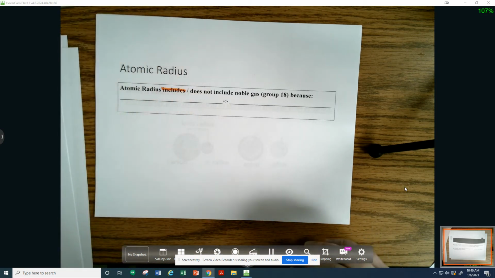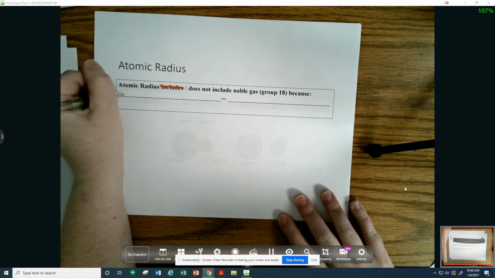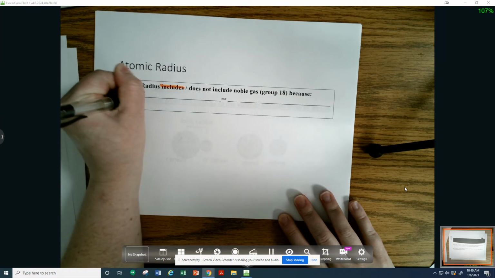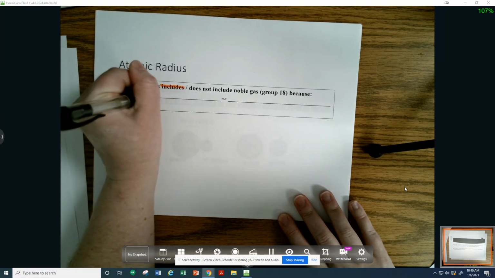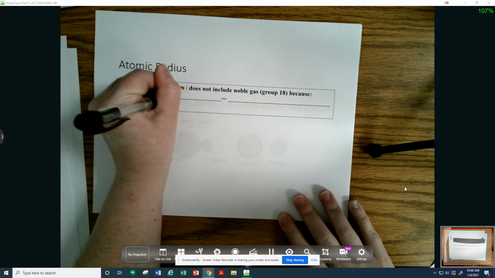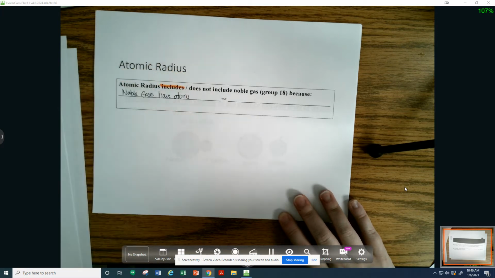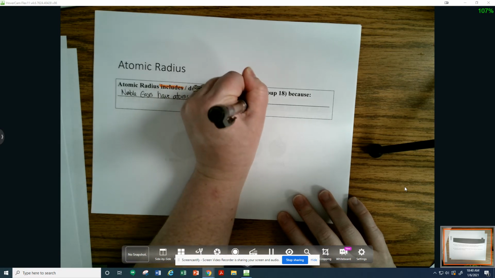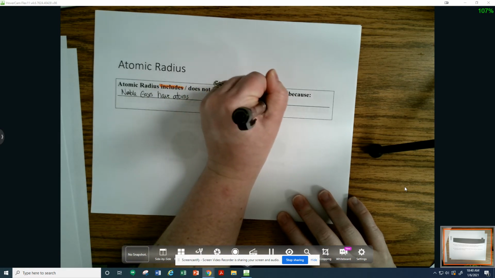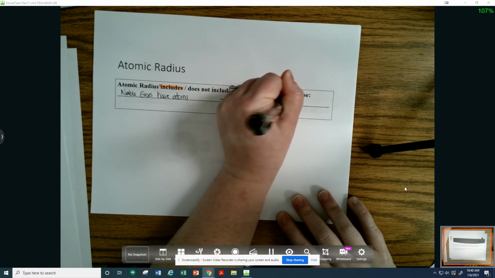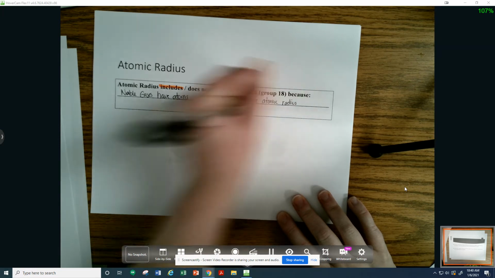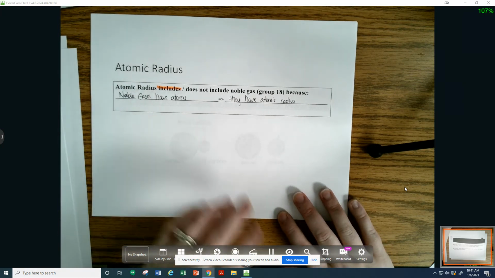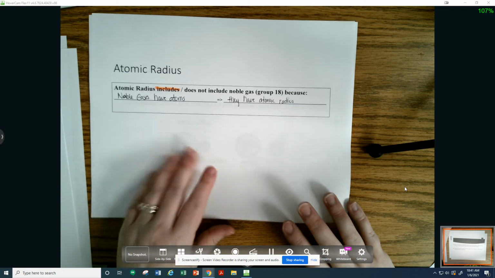The reason why is pretty simple: noble gases are an element, they have atoms, and so they have atomic radius. So we can describe the size of the atom and make comparisons, including the noble gases, for this particular trend.